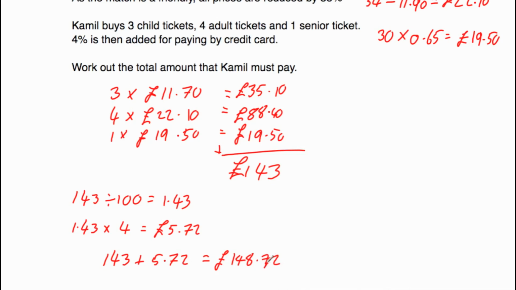So that's one approach. Alternatively, we could take our £143, we want to increase it by 4%, so that would be 104%, so we could just take 143 and multiply by 1.04. That increases by 4%, and 143 multiplied by 1.04 is equal to, hopefully it's right, yeah, £148.72. Fantastic. So as you can see, that's the total amount of money that Camille must pay, and that's it.